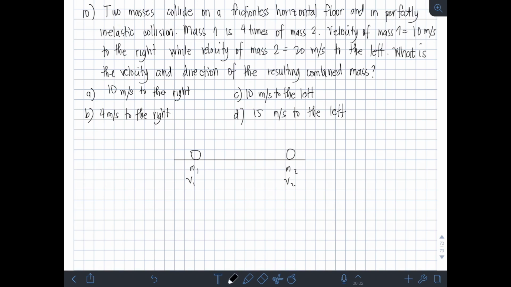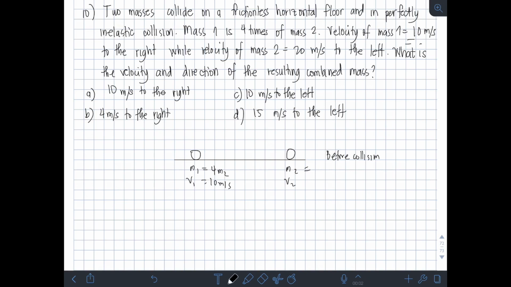Okay? Now, we have the case before collision, because they will collide, right? So, we have values. Mass 1 is 4 times mass 2. Then, the initial velocity of mass 1 before collision is given as 10 meters per second to the right.